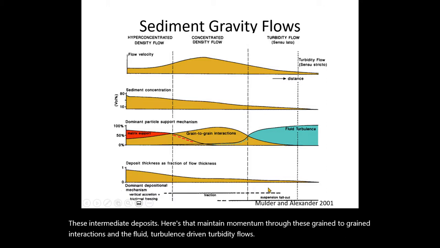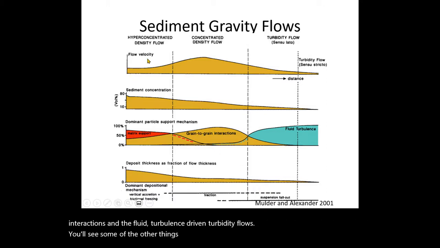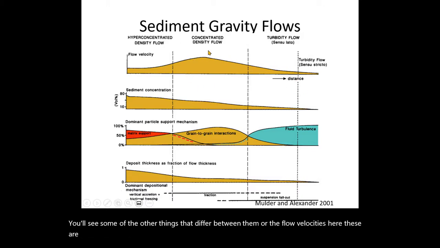You'll see some of the other things that differ between them are the flow velocities. Here, these are slower, these are the most rapid, and these are sort of moderate.